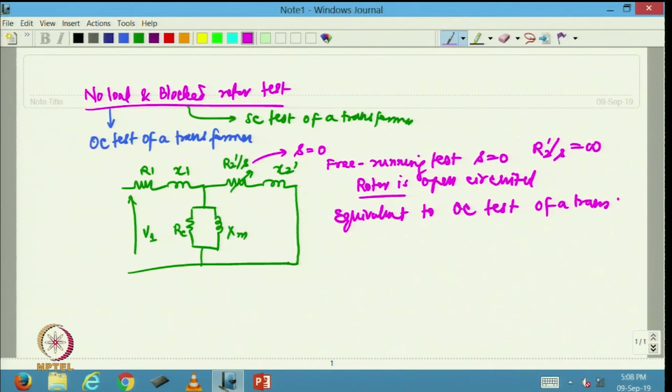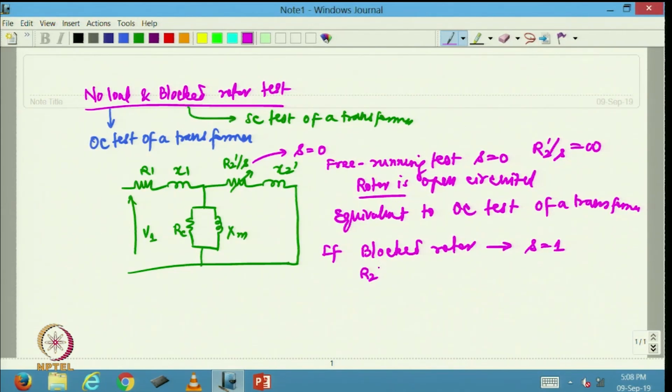Whereas, if I am going to have short circuit, essentially the block rotor condition, if the rotor is blocked, then in that case I am going to have S equal to 1.